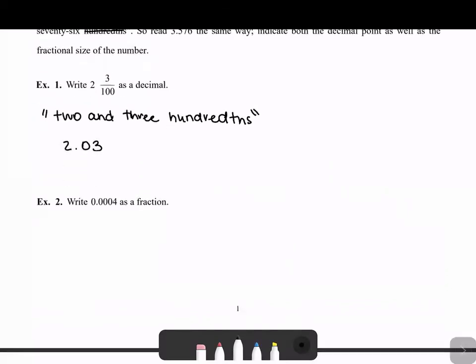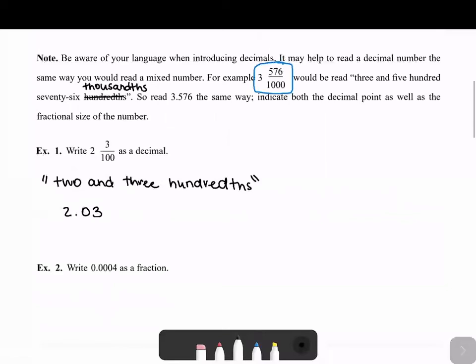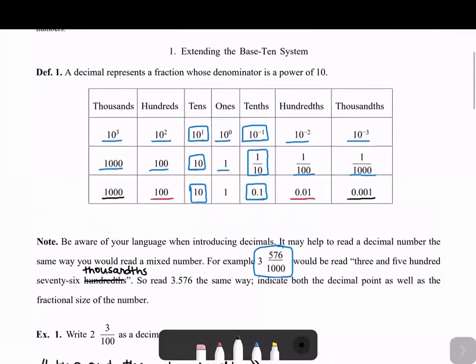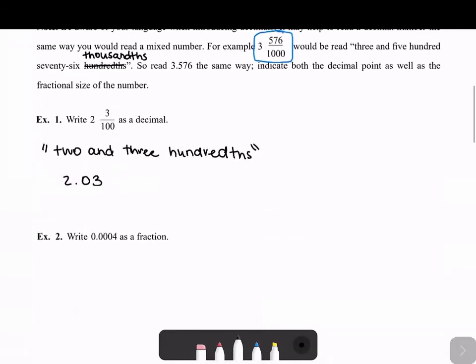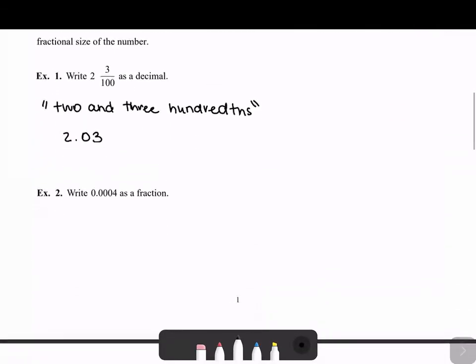Then in this next example, we're going to write this as a fraction. How many places after the decimal are there? That's 1, 2, 3, 4. Remember, if we have 3 places after the decimal, that was our thousandths, so 3 zeros for 3 places. Now we're going to have 4 zeros for 4 places.